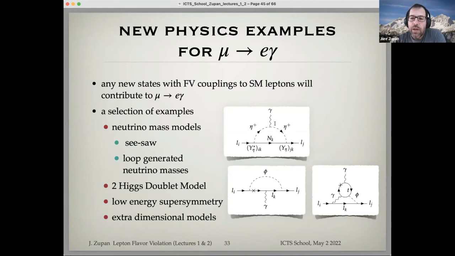Since you have charged states, you'll get a mu to E gamma. The important thing here is that you can enhance these mu to E gamma transitions if you are able to have chirality flipping occurring on the internal lines. This will result in very severe bounds because you will have a mass insertion that is coming from the heavy states.